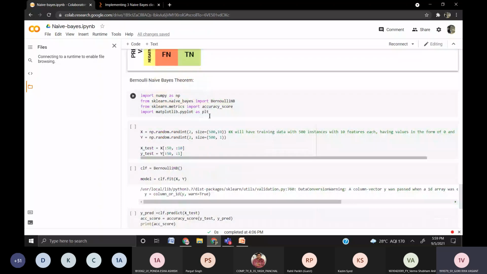Yeah, so we import the basic libraries. Here we have only used very random values, like a training data with 500 instances, 10 features each, and it will have only binary values, that is ones and zeros. So the X test and Y test are classified here.